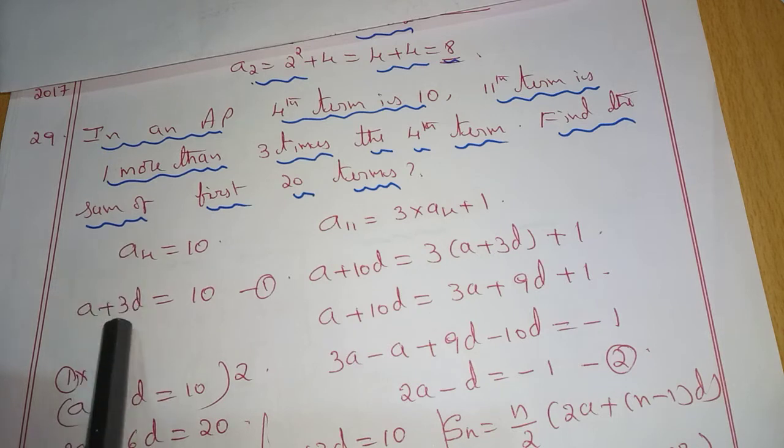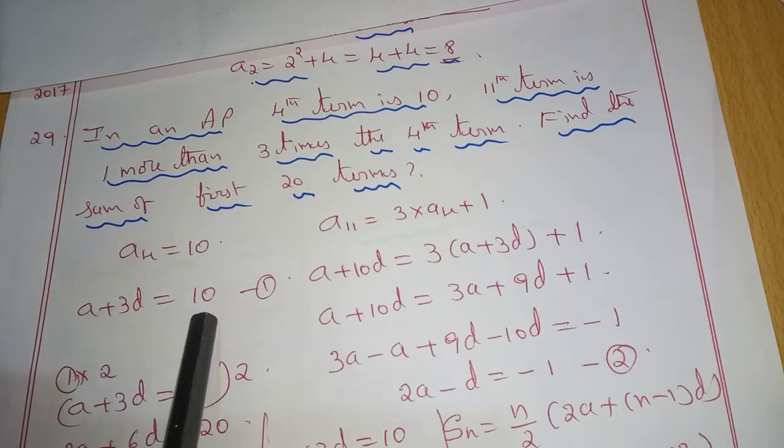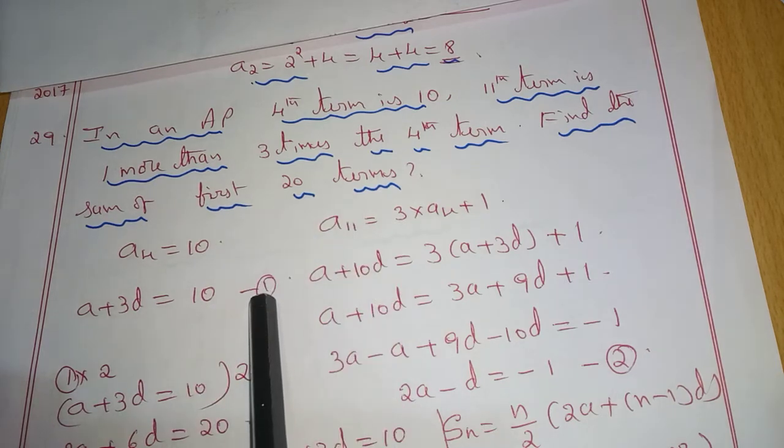In place of A4, we will write A plus 3D. A plus 3D is equal to 10. Let it be equation 1.